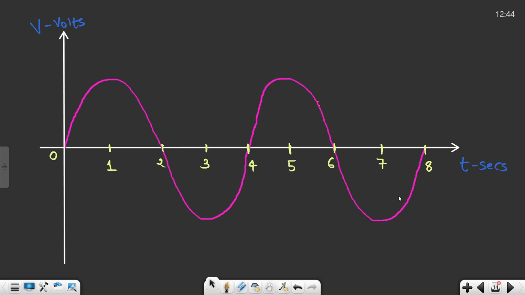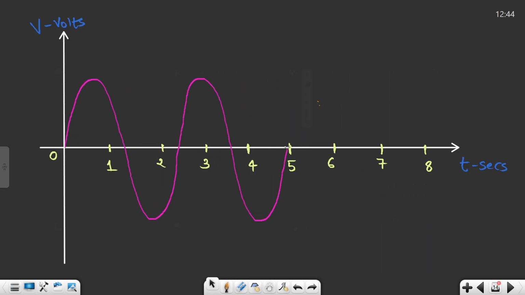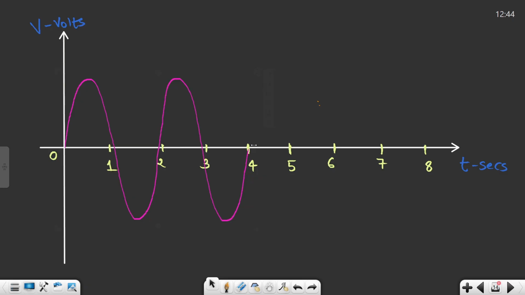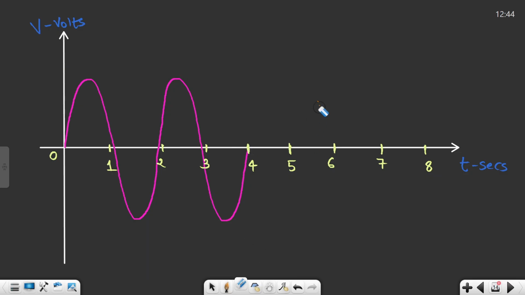Once again, I'll show it to you. Over here, 2 waveforms are taking 8 seconds, so one complete waveform takes 4 seconds. If I decrease the time period of the waveform, now in 4 seconds we are getting 2 such waveforms. So we just decreased the time period.